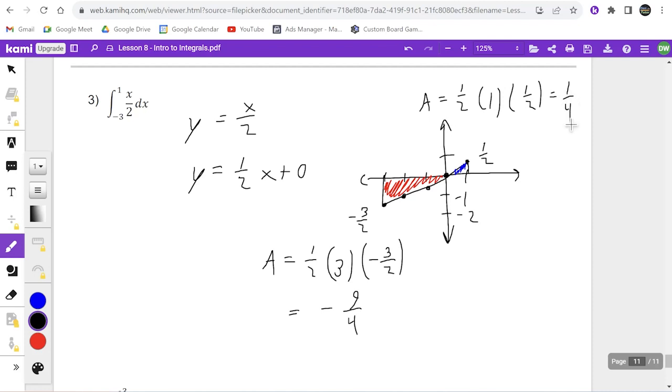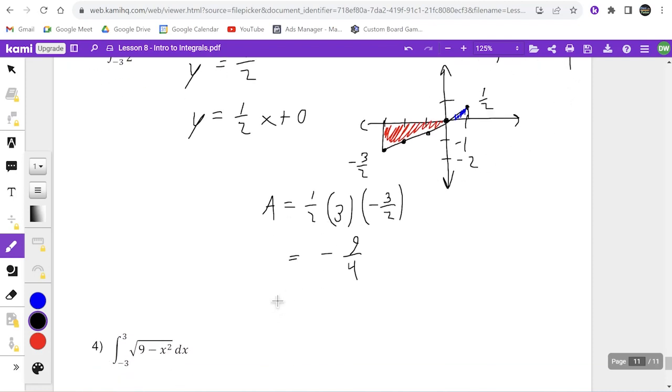Looks like I get 1/4 for that area. Then if I want to find the total area, I just got to take negative 9/4, add 1/4. I'll get negative 8/4, and it looks like my integral, or my area, is negative 2. And that's it for that one.